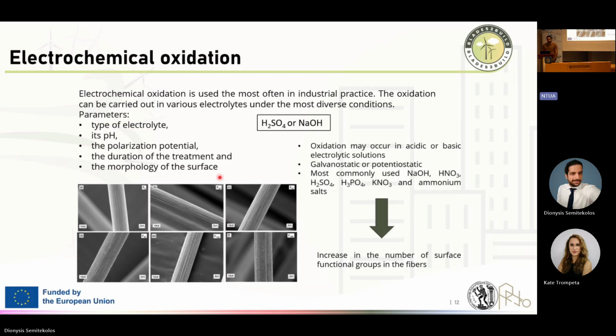So even harsher conditions for the fiber to withstand. But since we know the chemistry behind all these reactions, at which potential they take place and how much time is needed, and we can also read the graphs to understand what takes place, if someone has the knowledge and the know-how, he can be very successful in his treatments.